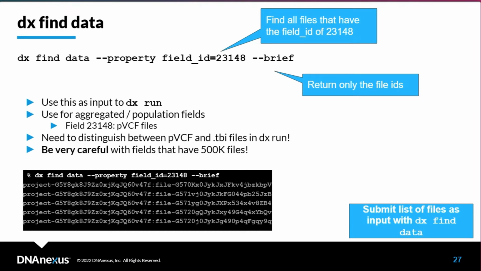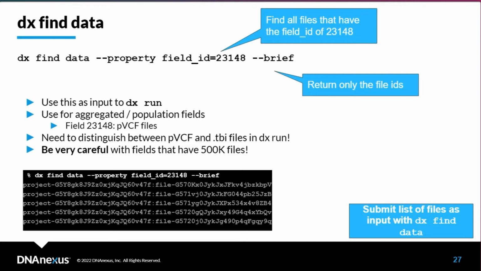If you use this -- property and then pass in the field ID with field underscore ID equals, in this case 23148, and if you give it a -- that's going to return only the file IDs. So this dx find data command is going to return all of the PVCF files that are associated with this data field.